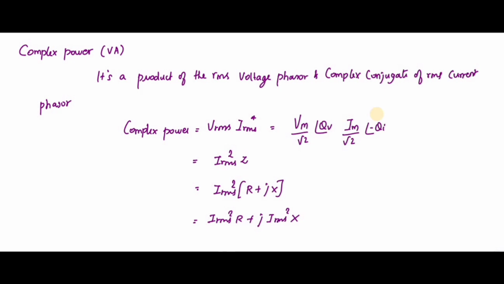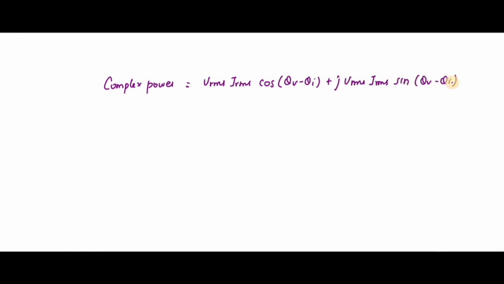So I can write this as VRMS IRMS into angle del V minus del I. So this complex power is VRMS IRMS cos(del V minus del I) plus j VRMS IRMS sin(del V minus del I).